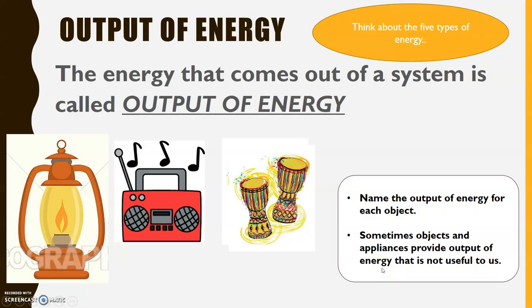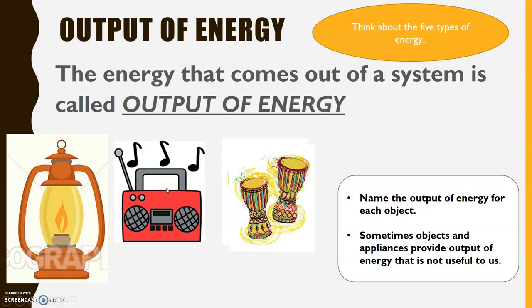There's another output of energy that this paraffin lamp gives off. However, whatever it gives off, it is not useful to us. And what would that be? That would be heat energy. Because if you bring your hand closer to the lamp, you actually will feel some sort of heat.